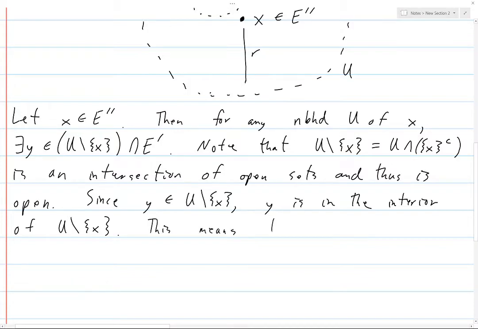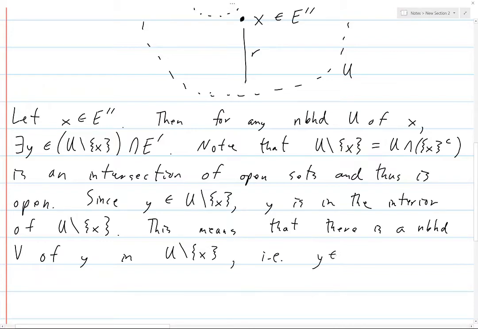This means that there is a neighborhood V of Y in U minus X. Or, in other words, Y is an element of V, and V is entirely contained in U minus X. And of course, V can be written as a ball of some set radius about Y, i.e. V consists of all points which are at most a set distance away from Y.